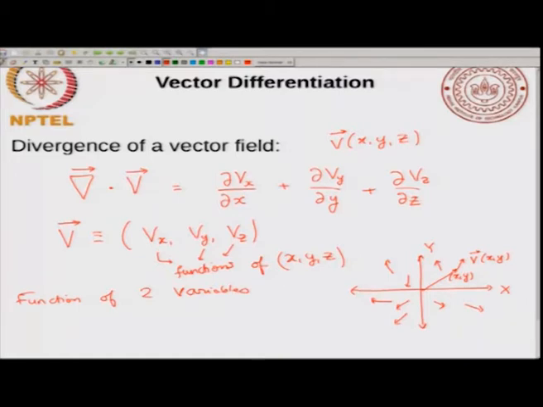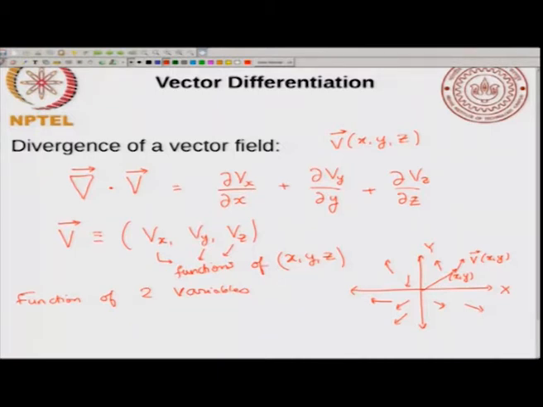Okay. So, the divergence is actually related to the properties of this vector field. If you see that around some point there is a net inflow or outflow of arrows, then the divergence will be non-zero. If there is no net inflow or outflow of arrows, then the divergence will be 0. Okay.